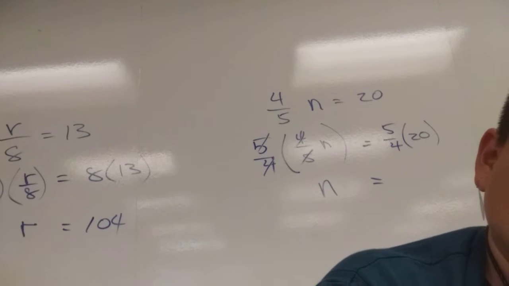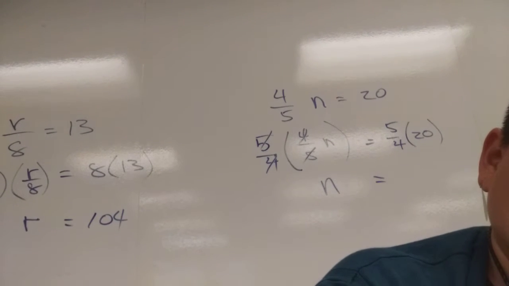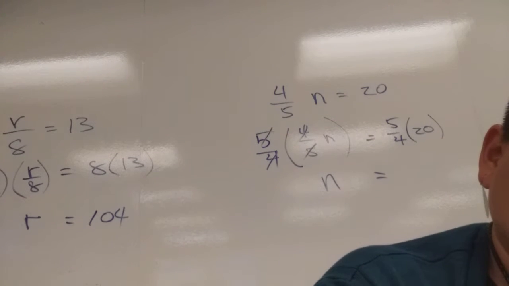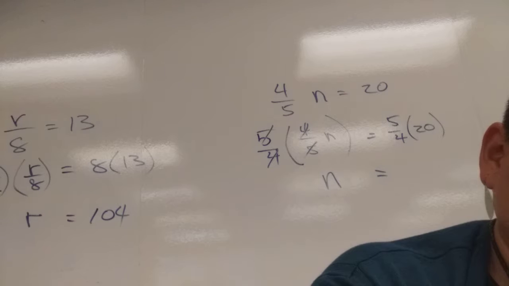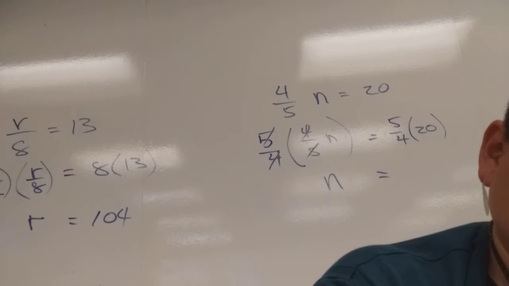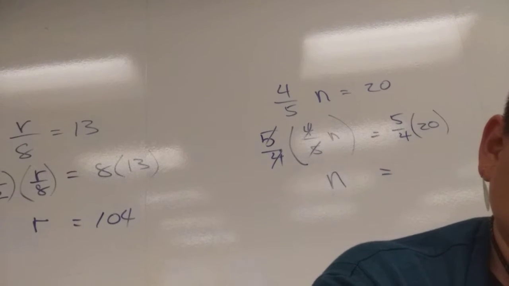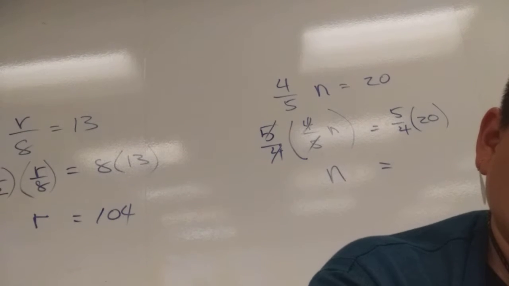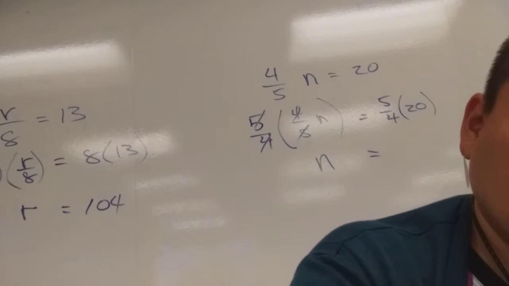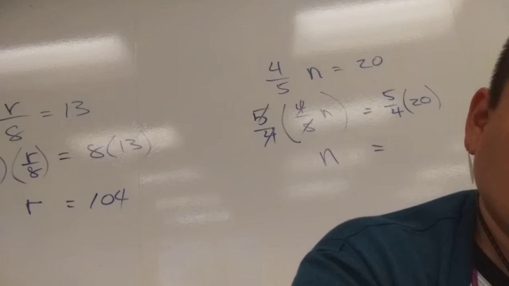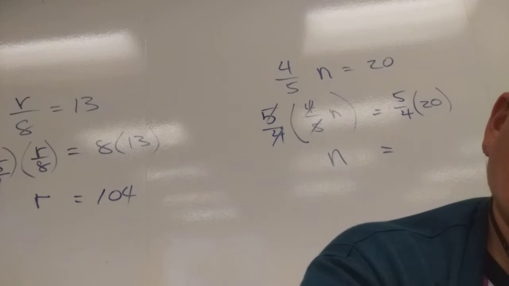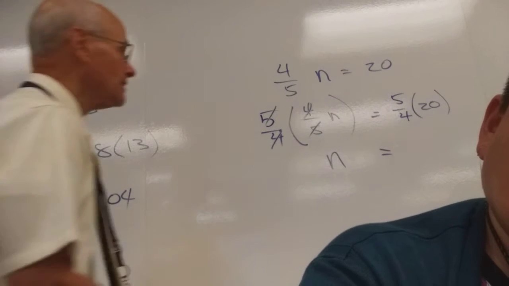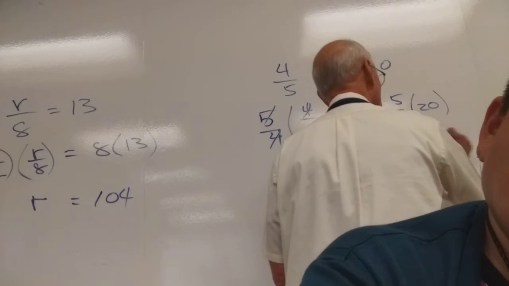We spent the first class making sure you know how to do arithmetic with your calculator. 5/4, 5 divided by 4, parentheses, 20, end parentheses, equals 25. Don't tell me I can't do it because I don't know how to do fractions. That's why we did that earlier in the week.